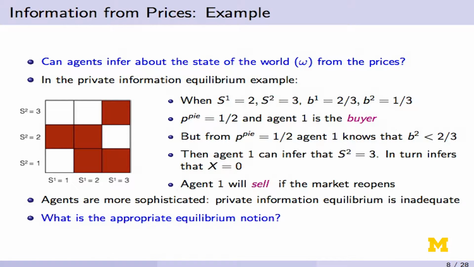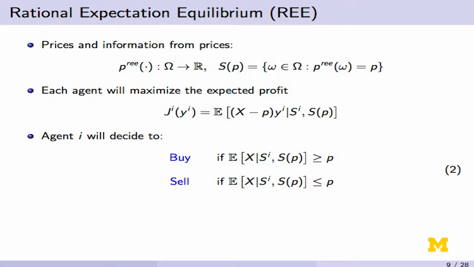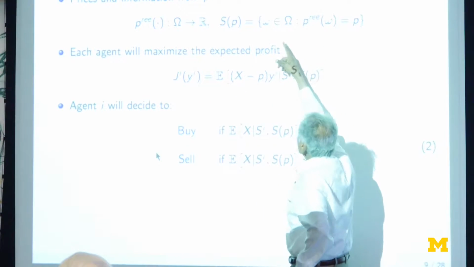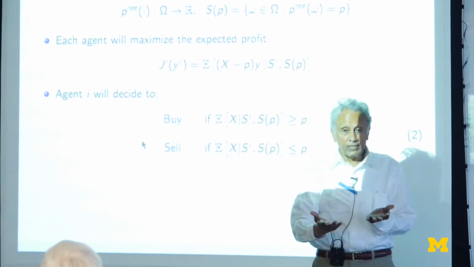The economic notion is that agents are more sophisticated and that private information equilibrium is inadequate. So what is an appropriate definition? That's the notion of rational expectations equilibrium. The rational expectation equilibrium will be a random variable P that everybody knows, because that's been declared. If everybody knows P, then given P, they will know the set of omega that can give rise to it.